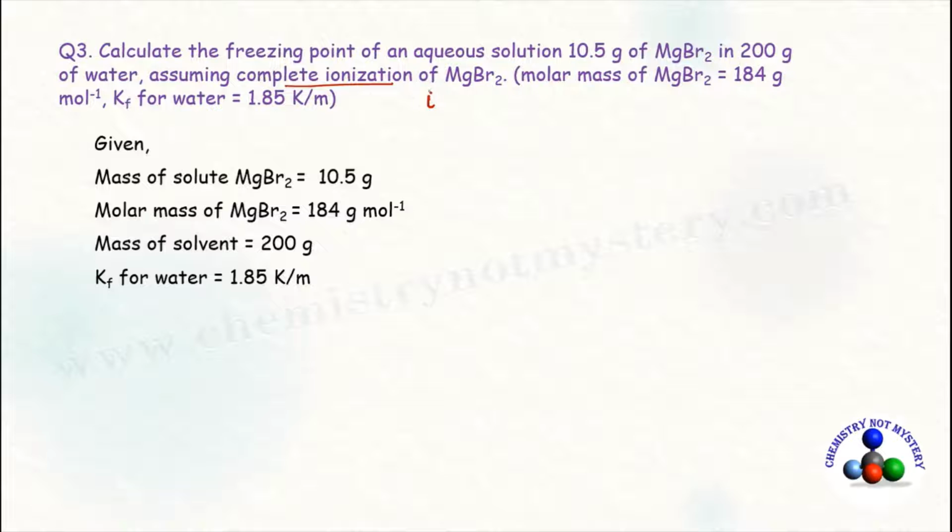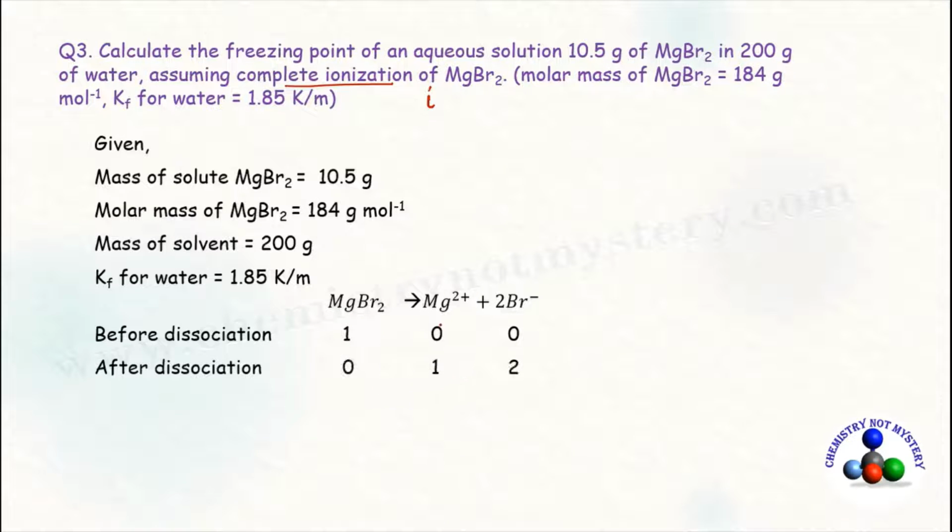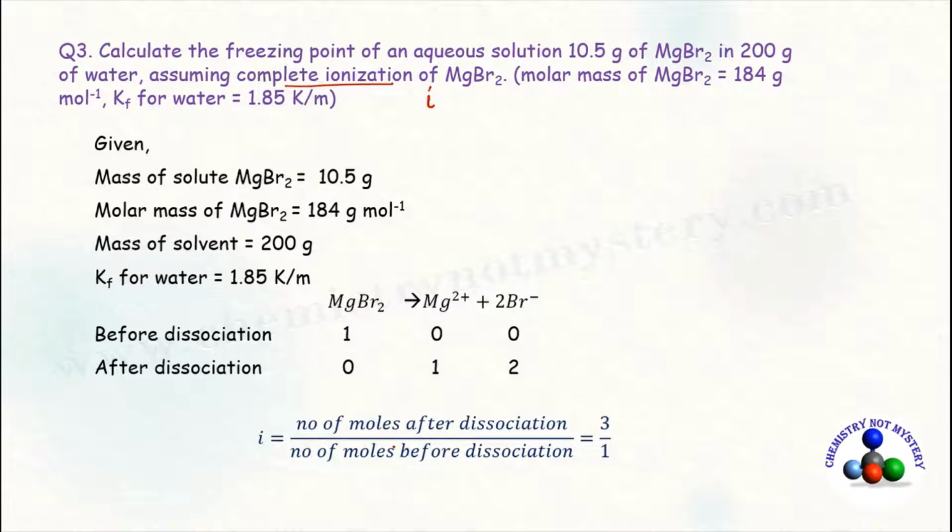So let's calculate the I value for MgBr2. When MgBr2 dissociates, it will dissociate into Mg2 plus ion and 2 Br negative ions. So before dissociation there was just 1 mole of MgBr2 and after dissociation we will get 1 mole of Mg2 plus ion and 2 moles of Br negative ion. For the calculation of Van't Hoff factor we have the formula: number of moles after dissociation over number of moles before dissociation.